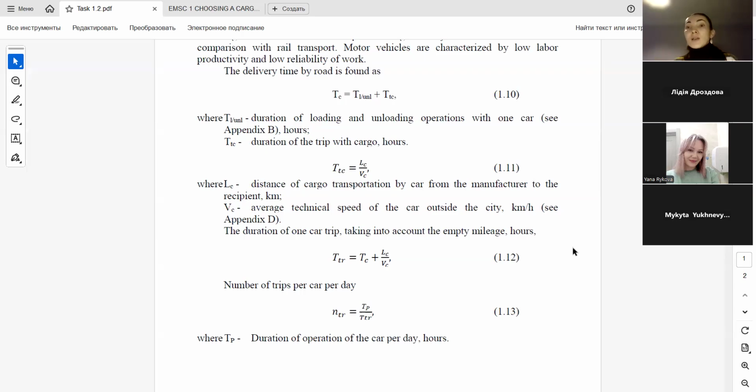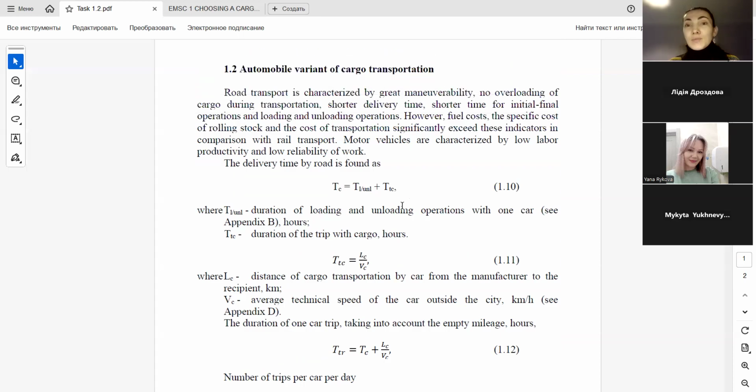It could be Sunday, Saturday and Sunday, or Sunday and Monday sometimes, which is maybe not so useful for the cargo owner, but we could see a positive side because there could be less time for loading and unloading operations.